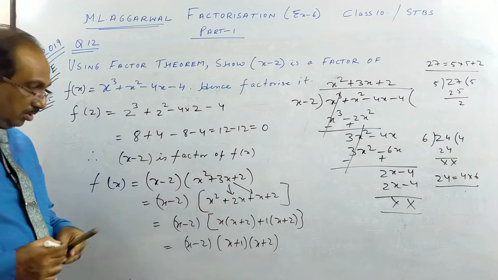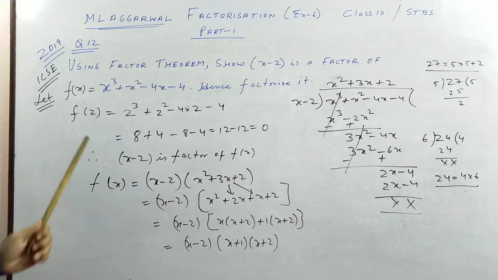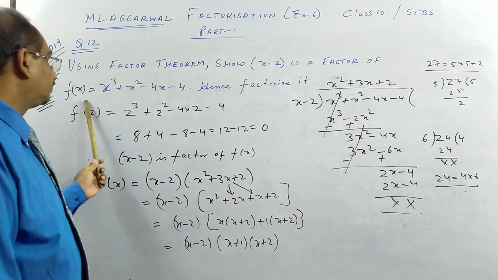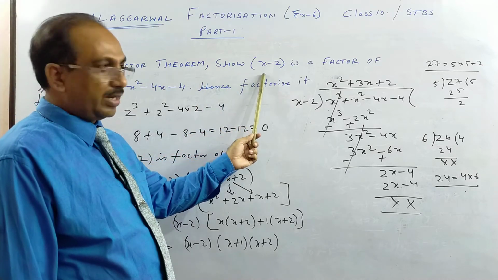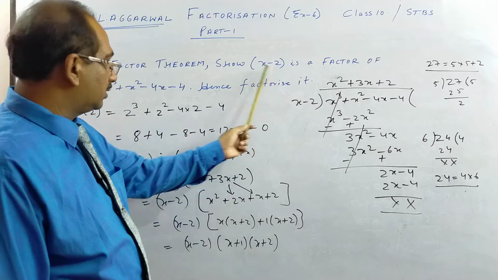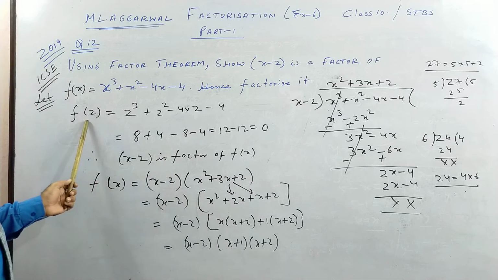Once more, you can pause the video and copy, then I will explain it once more. Listen, first we have a cubic equation. You have to show that this is a factor. If minus 2 is given, I take 2.